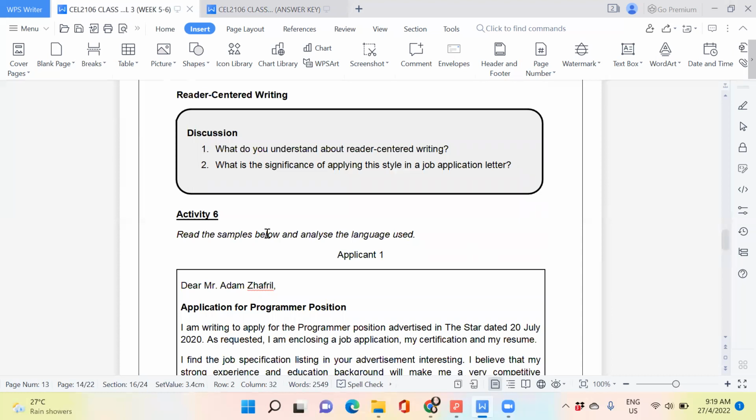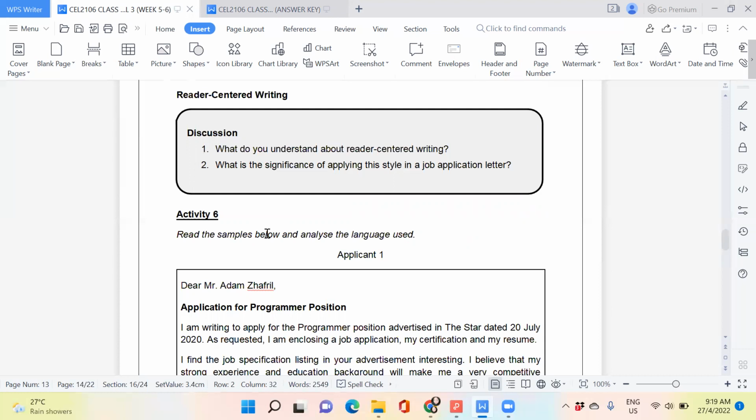Okay, so as the name suggests, reader-centered writing means that when you write reader-centered articles, you will write with your readers in mind. Who are your readers? In this case, me, I'm going to read your letter.